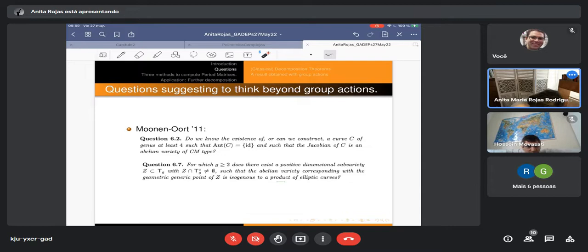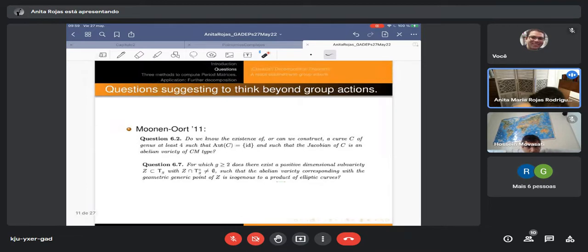And another question in the same work is whether there is a positive dimensional subvariety of the closure of the Torelli locus, intersecting the Torelli locus, such that the generic point is isogenous to a product of elliptic curves.